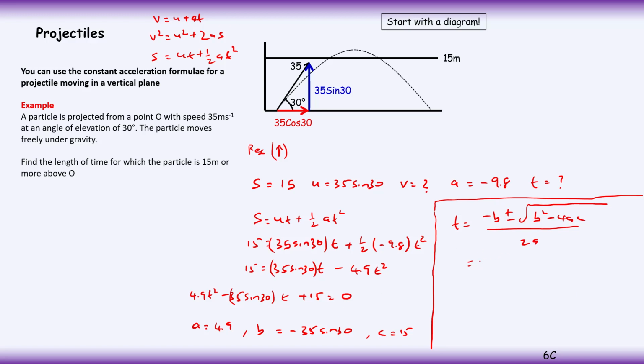Minus 35, so it's going to be 35 sine 30 plus or minus the square root of minus 35 sine 30 squared minus 4 times a, which is 4.9. Make sure that's clear. And c is 15. And all divided by 2 times a.